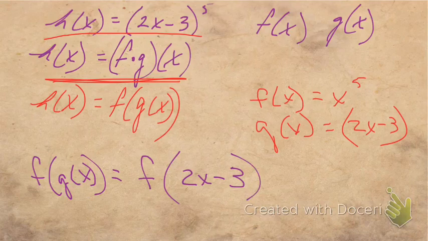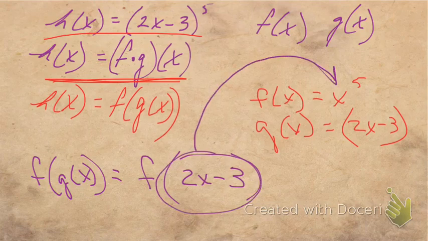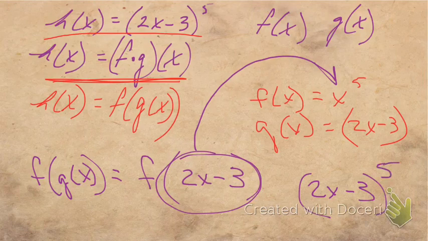Okay? So you see, all I did was substitute g of x. Now what does it say? It says I have to take that and plug it in here, right? So when I plug that in, I get 2x minus 3 to the 5th power. And look what happens. That is exactly what I had there.